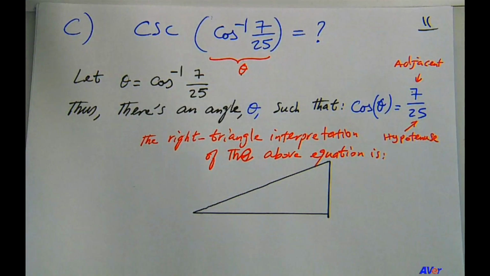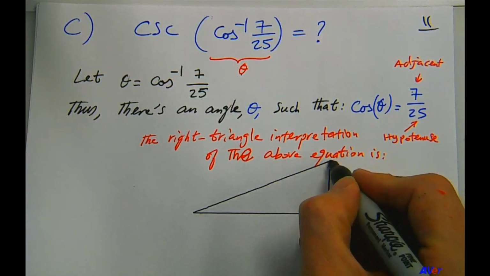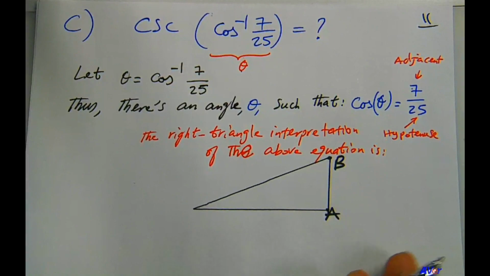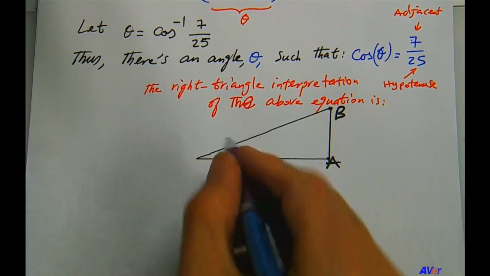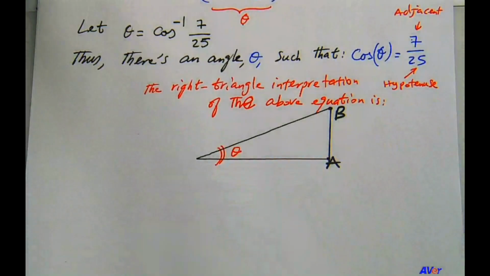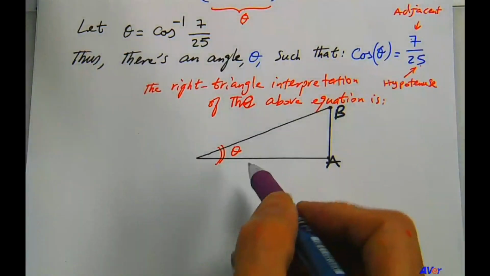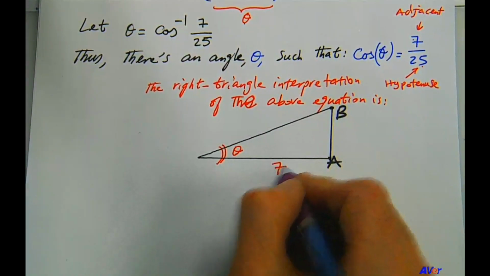I'm going to label these. So this point A and this point B, we know that theta, let me move this up a little bit. And so theta should be that. This is adjacent divided by hypotenuse for the cosine. So adjacent is that side, 7.